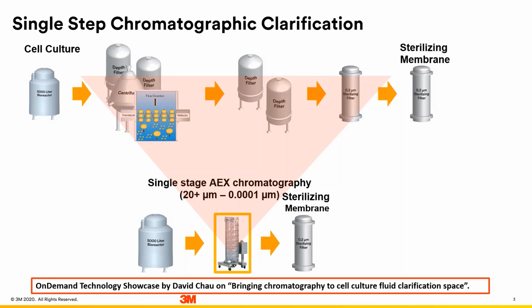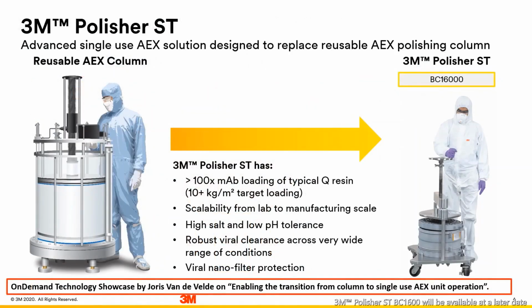The other technology that I'd like to talk to you about is 3M Polisher ST, which is an advanced single-use AEX solution designed to replace the reusable AEX polishing column. This product has a really high mAb loading, so we're talking about 100 times that of a typical Q resin.